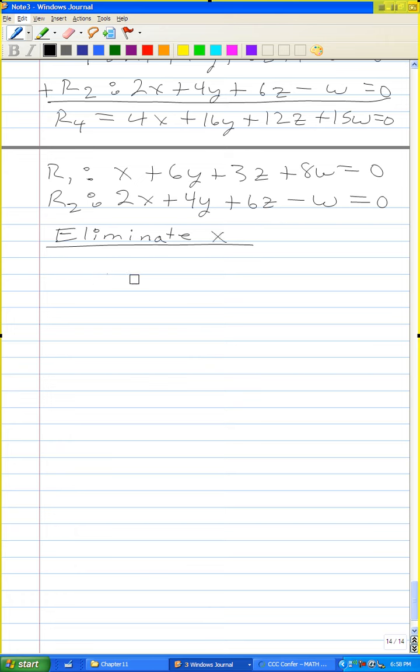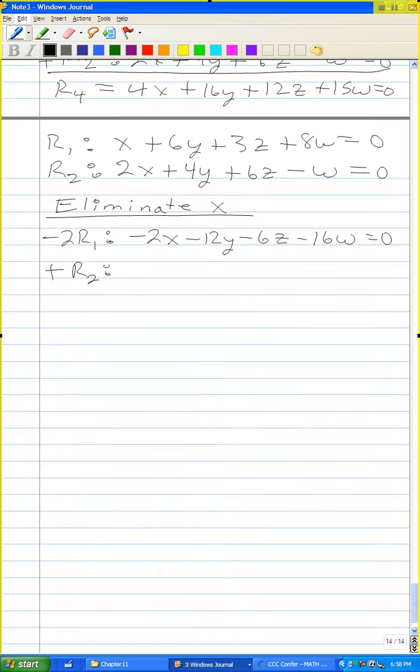So I'll do negative 2 R1, which gives me smaller numbers: negative 2x, negative 12y, negative 6z, minus 16w equals 0, plus R2: 2x plus 4y plus 6z minus w equals 0.